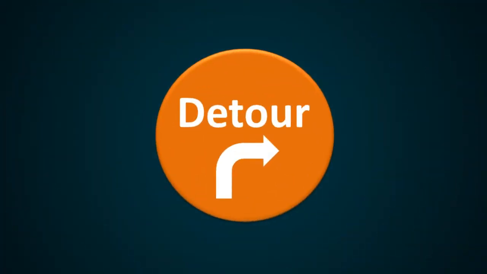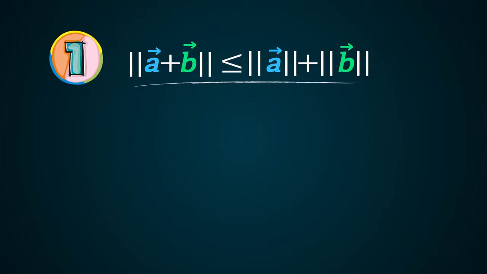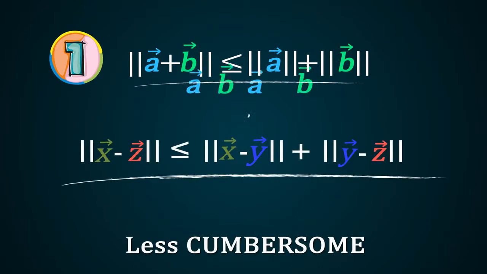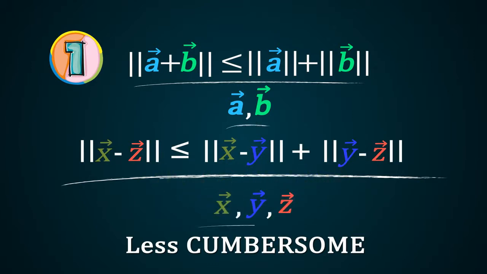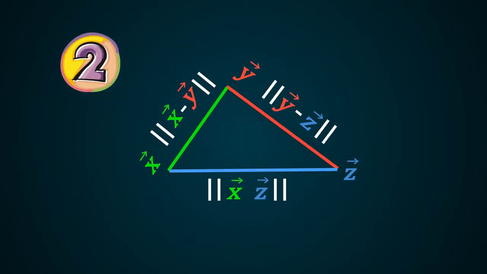The reason for this detour is threefold. First, this form of triangle inequality is less cumbersome as it involves two variables as opposed to three. Secondly, this form has a geometric meaning that you are already familiar with.